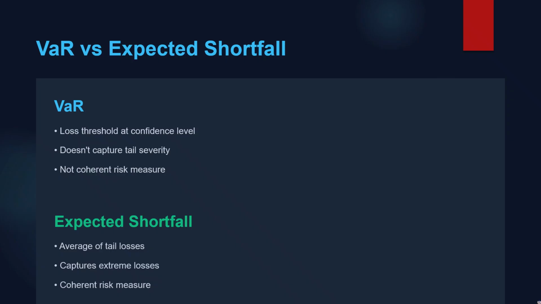It's become the industry standard over decades. For the FRM exam, you should understand both measures, their calculation, interpretation, and relative advantages. You should be able to explain why ES is considered superior from a theoretical point of view and why regulators are increasingly focusing on ES rather than just VAR.